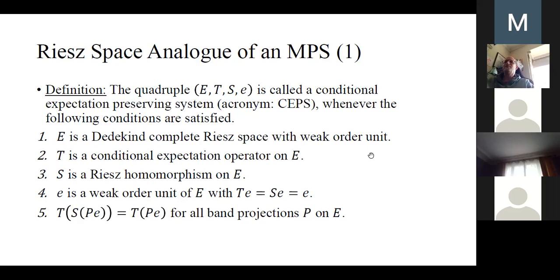If you take an Archimedean Riesz space, you can still have a conditional expectation operator. But now you start stripping away structure, and all the nice types of convergence Jonathan got later start falling away. So the theory is a lot harder to work with as soon as you start stripping away Dedekind completeness from your setup.